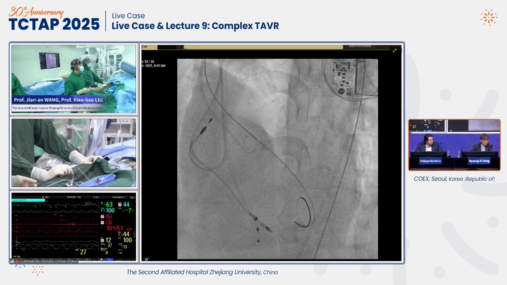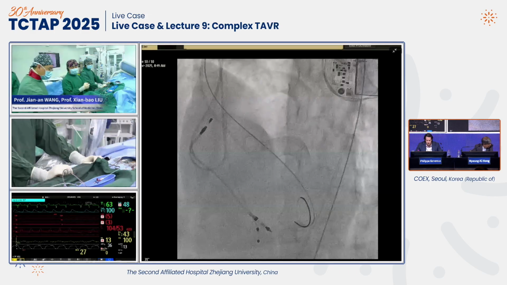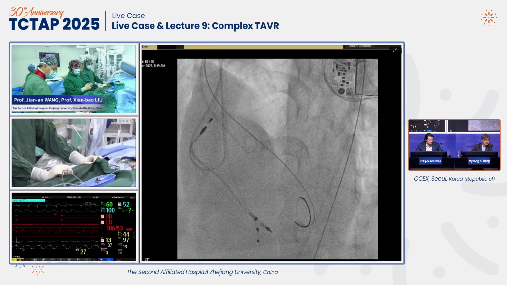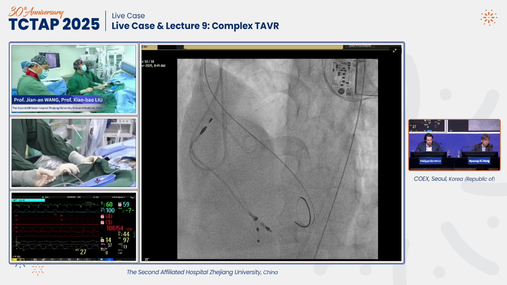So you're going to use a ZMED balloon or another balloon? ZMED balloon, yes. Do you always decide the size based on the annular average diameter, or do you consider the intercommissural distance?